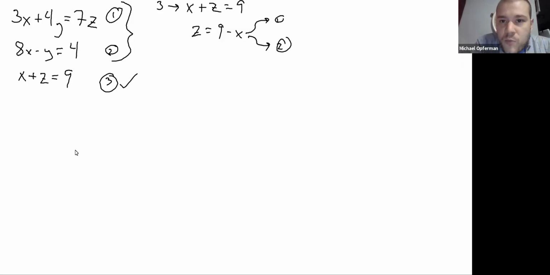So for equation number 1, there's one z in there, so 3x, that stays the same. 4y, that stays the same, equals, now it's going to be 7 times the quantity 9 minus x, which means 9 times 7 is 63.